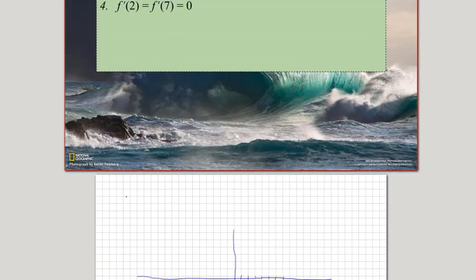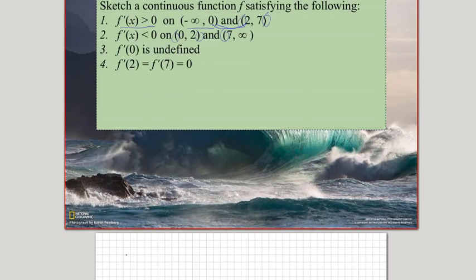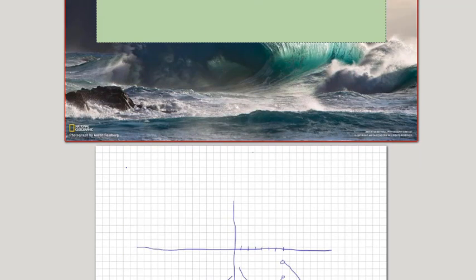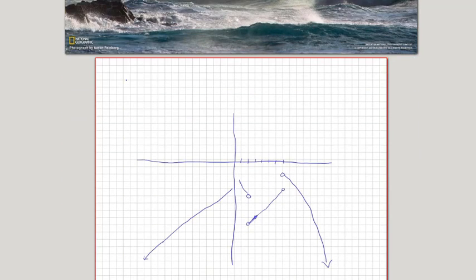But my derivative at 0 is undefined. So, for example, I could do this. So at 0, this derivative would be undefined.